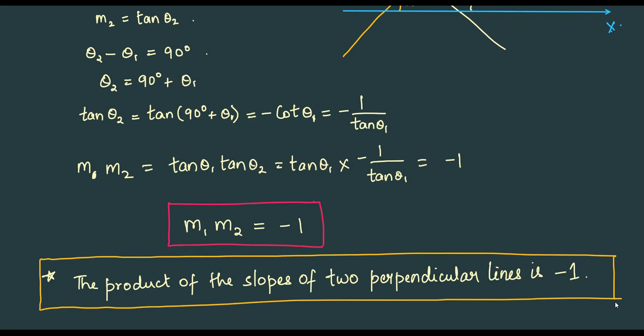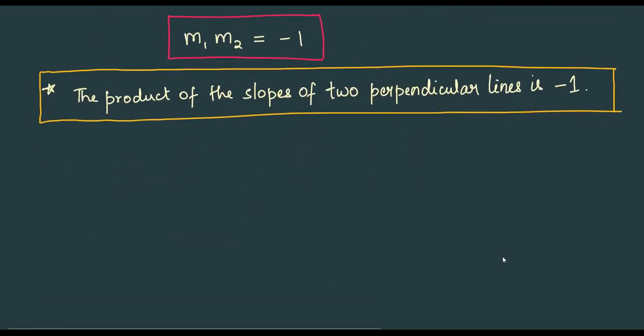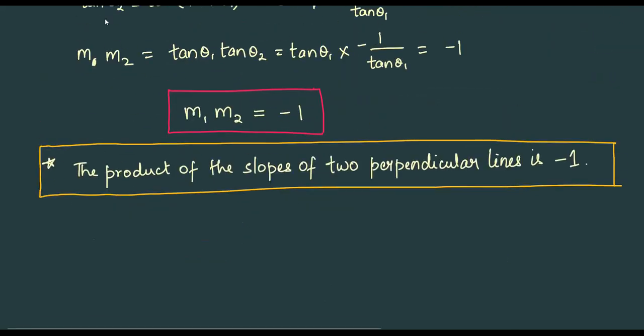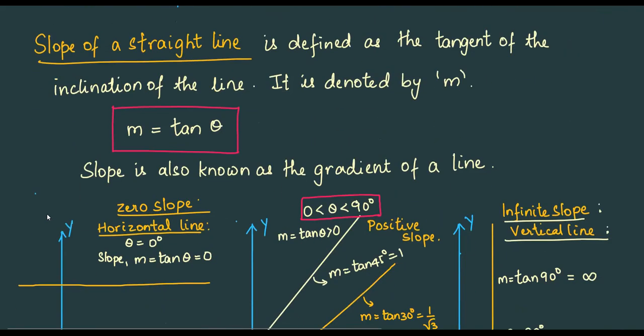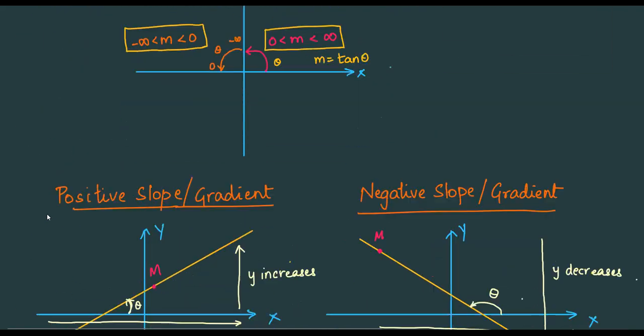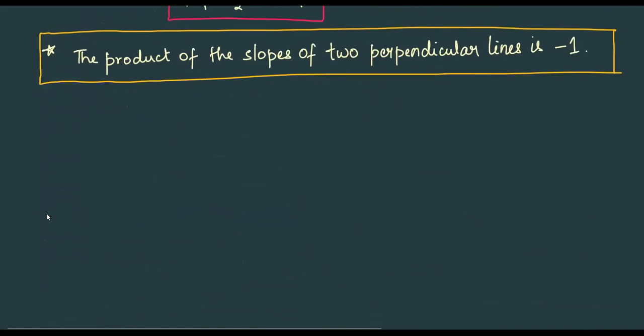Now, how do we find the slope of a line joining 2 points? With this, we'll end for today. This was slope based on inclination, slope of a straight line. So far we did based on inclination.